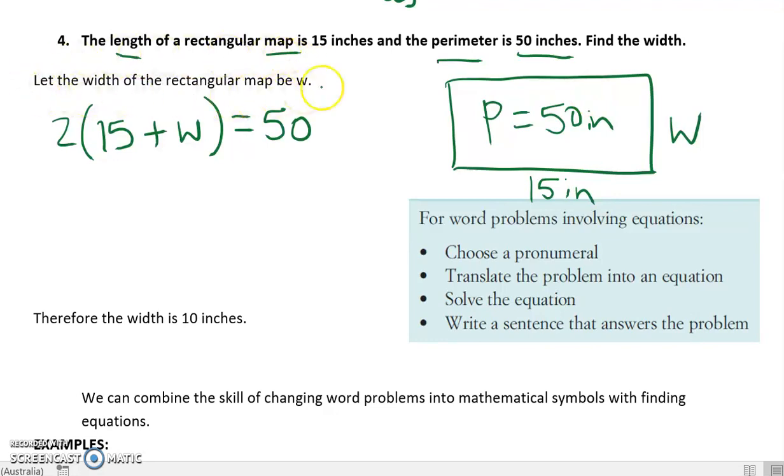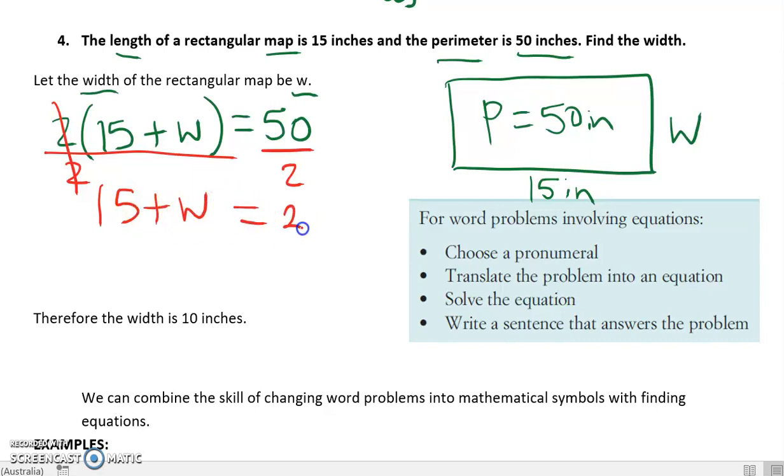Notice we introduce a pronumeral here by letting the width be W. So at this point here, I'm just solving this for W. Instead of expanding though, I'm going to divide both sides by 2, take a shortcut, and I get 15 plus W is 25. If I take away that 15 from both sides, I get W is 10, and therefore the width is 10 inches. Okay.